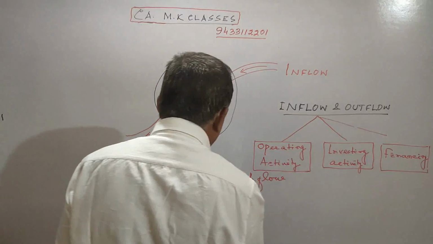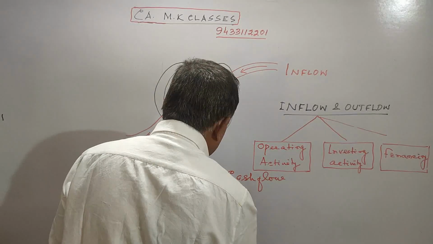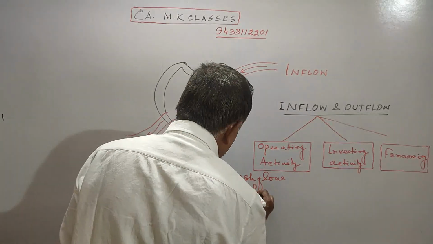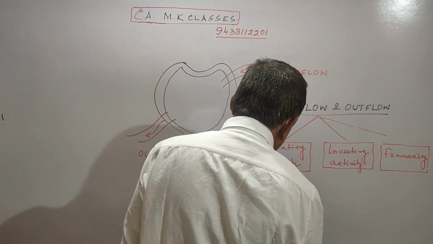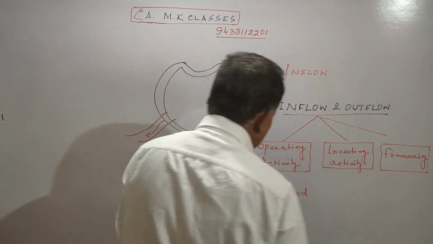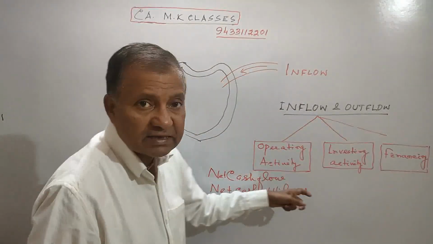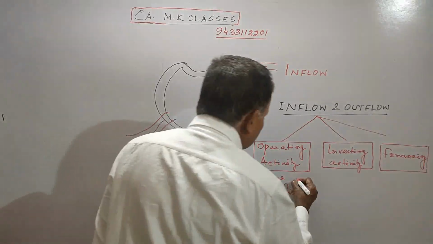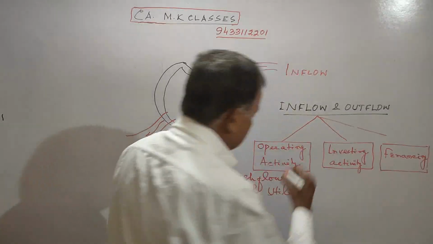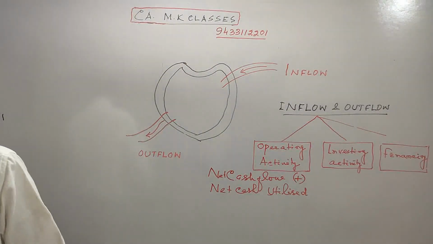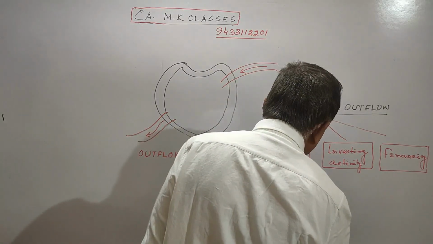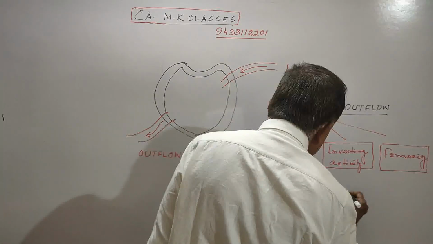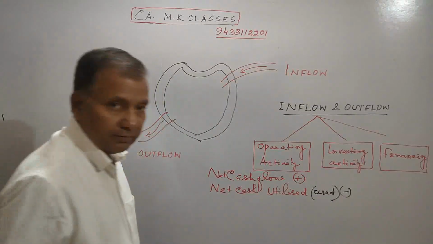we generally call it net cash utilized. This is not a cash flow. कैश फ्लो अगर होता है तो ये आपका पॉजिटिव होगा. नेट कैश यूटिलाइज्ड और वी कैन से यूज्ड, this is negative.